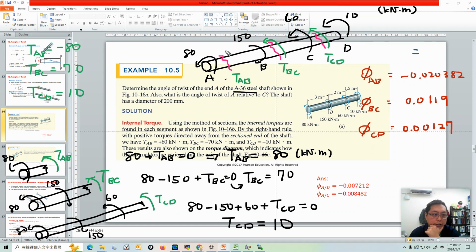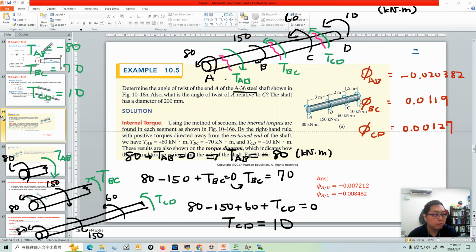So here the real TAB is clockwise. TBC and TCD, which we initially assumed counterclockwise, came out positive, so they really are counterclockwise. We only have to modify TAB.